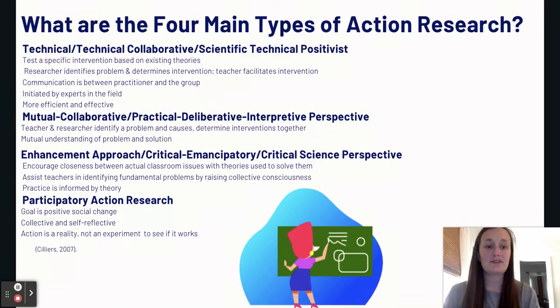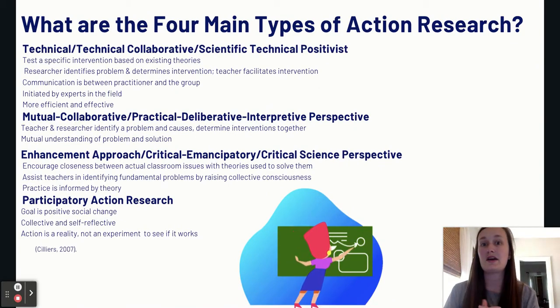Next is participatory action research. The goal is positive social change. It is collective and self-reflective. So if you are doing this, you are doing it with a group of teachers, maybe your whole school or just maybe your pod, but it is a group. And together as a group, you decide that you are going to bring about some sort of social change. Maybe make your classrooms more inclusive, maybe make them more comfortable, something of that nature.